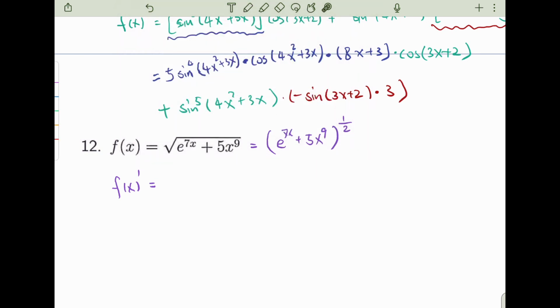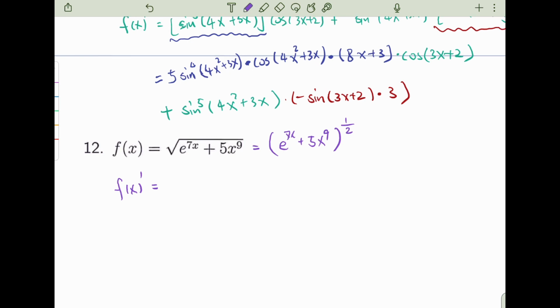So when we view this as a whole thing and take the derivative, we apply the power rule, just like x to the 1 over 2. And its derivative is 1 over 2 times x to the negative 1 over 2. But now the x here is replaced with the inner function, so fill this in with the inner function.